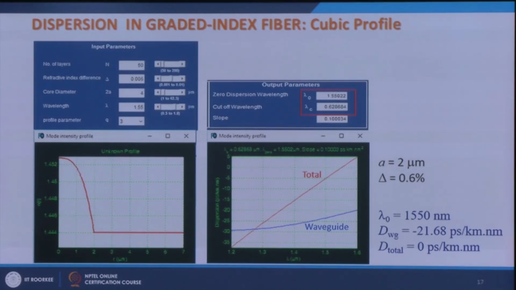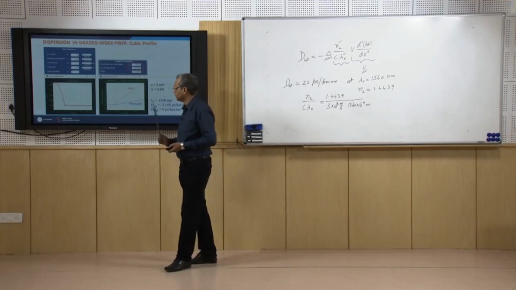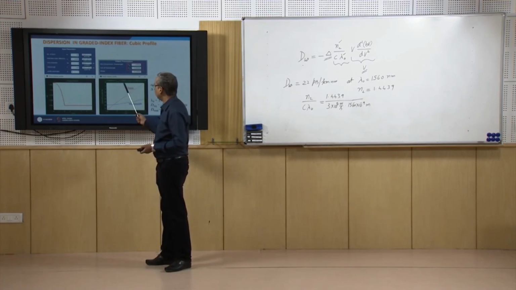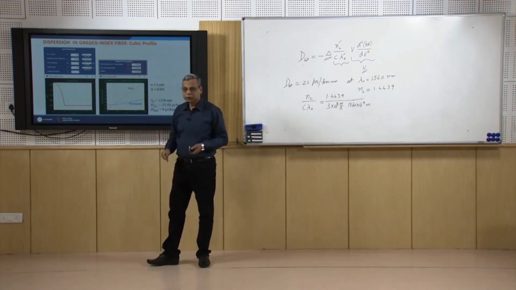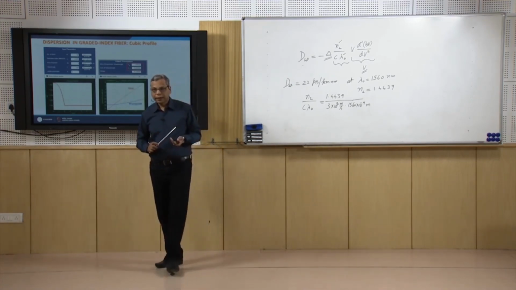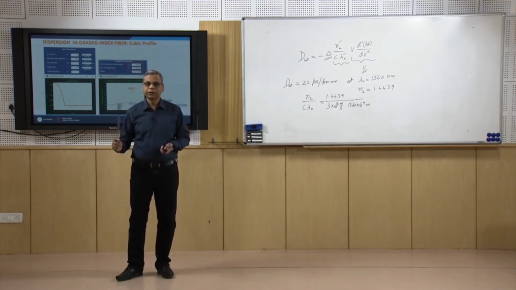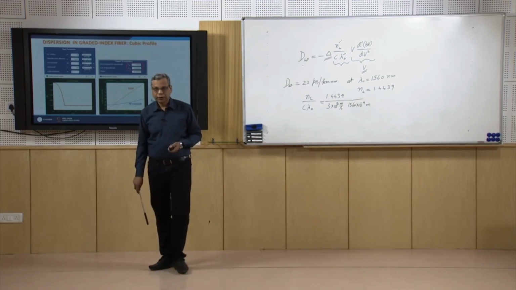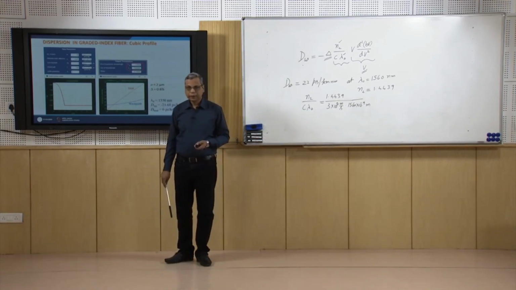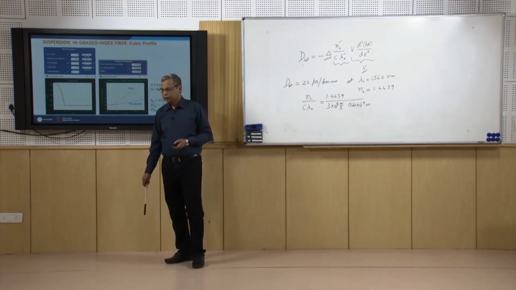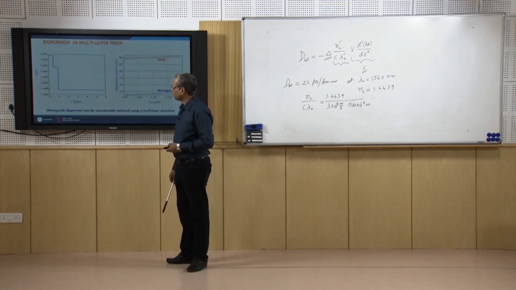It is 0 picoseconds per kilometer nanometer. So, the zero dispersion wavelength here I have got is 1550 nanometer. In this way I can even tune my zero dispersion wavelength to a desired value if I change the fiber profile.